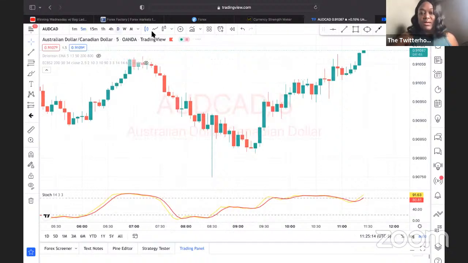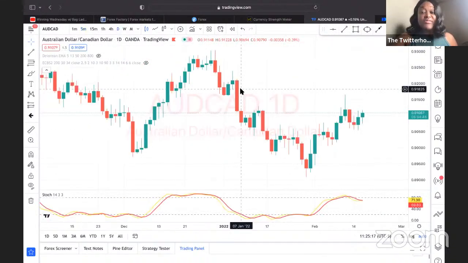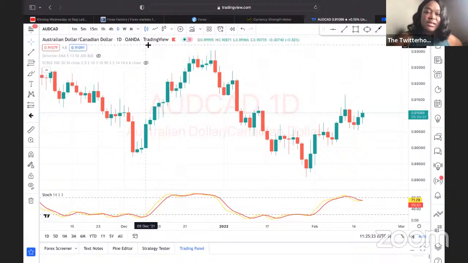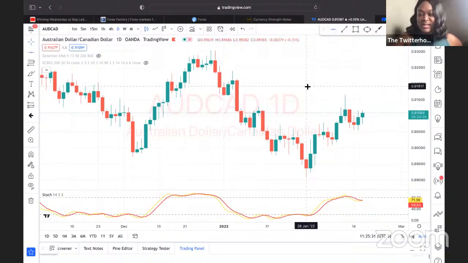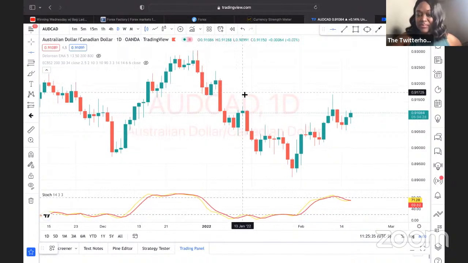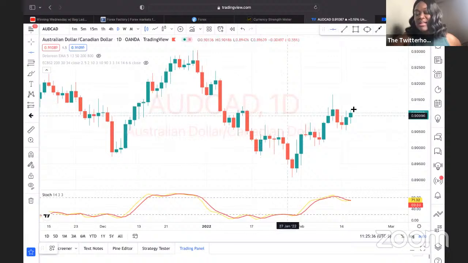There are different ways that you can do your analysis. I'm just gonna do the way that I kind of gravitate towards, using support and resistance. Okay, so I start on the daily time frame, and I don't look at the current candle. I look at the previous candle.